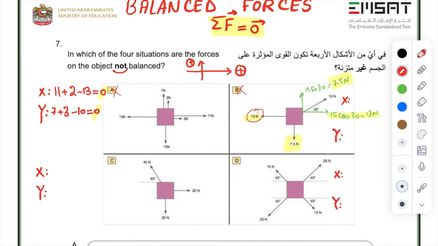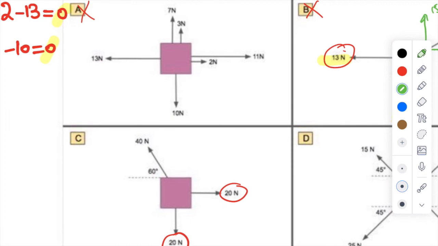Moving to C, along the x-axis I have 20. Along the y-axis I have a 20 downward and a 40 upward and to the left, which also should be divided into components.